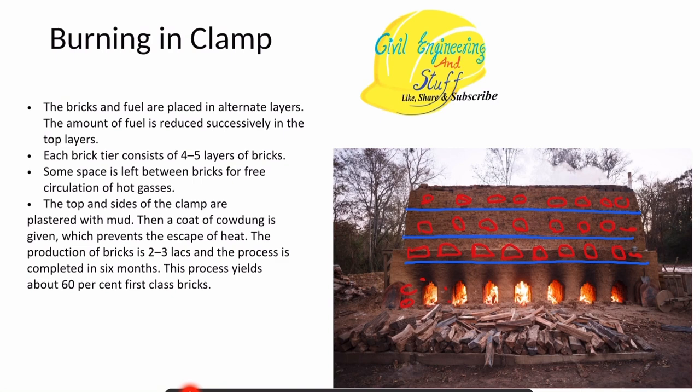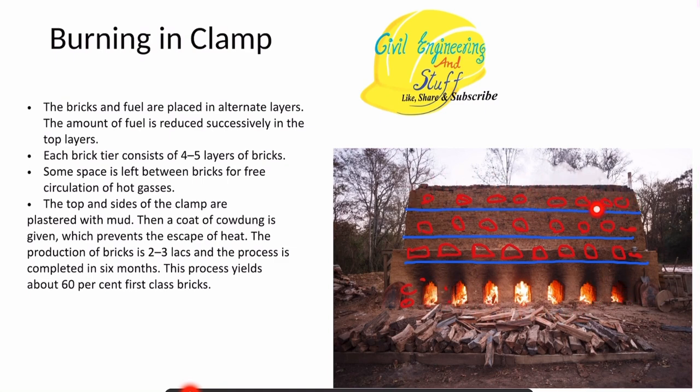Because of this, the clay bricks that are placed at the lower levels, very near to the source of heat, get excessively burned. And the bricks that are placed at the top level are dependent upon the hot fume gases that are generated from the burning of the fuel.